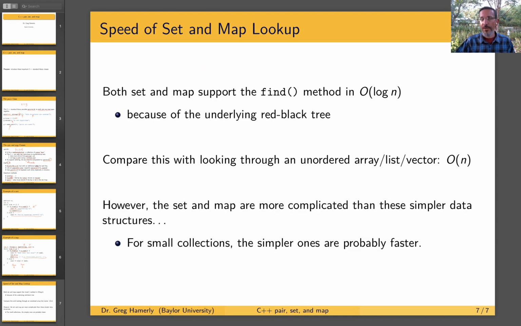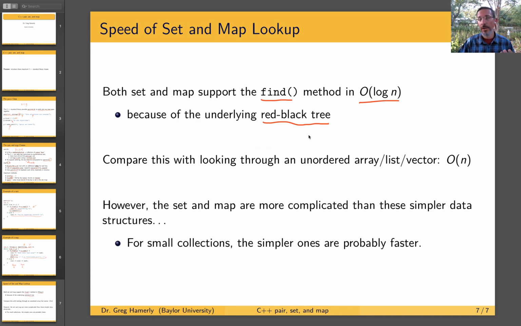Now, a few comments on the lookup speed of sets and maps. Both sets and maps implement the find algorithm in order log n time. That's because the underlying red-black tree keeps things in order and keeps things balanced.